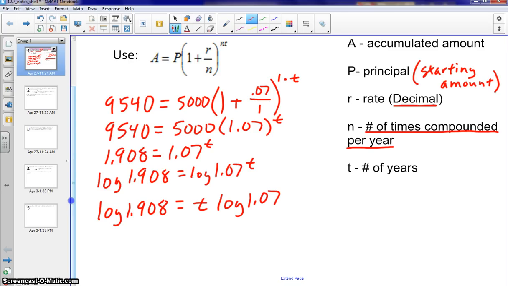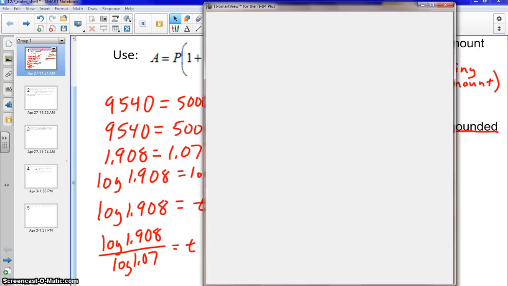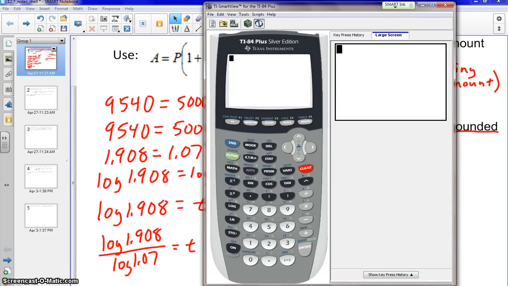Now just recall, log of 1.07, this is something that we can plug into our calculator, is simply just a number. Therefore, we can divide both sides by log 1.07. So let's go ahead and go to our calculator and calculate this. So we'll have log 1.908, close our parentheses, divided by log 1.07.